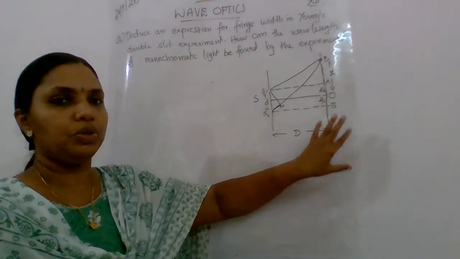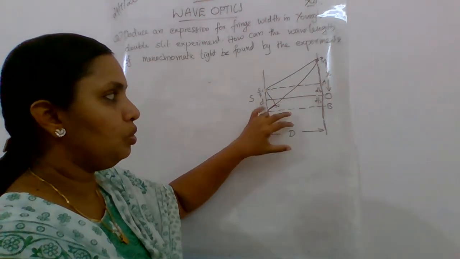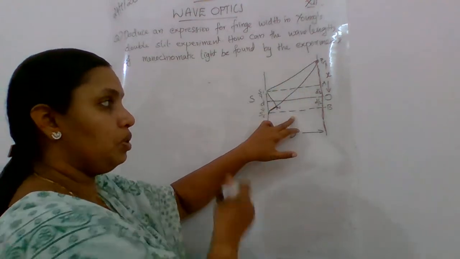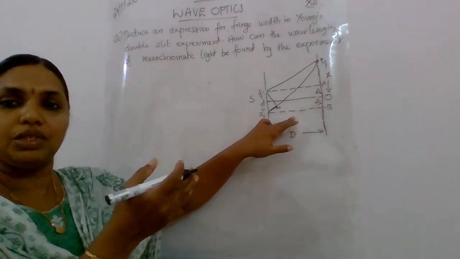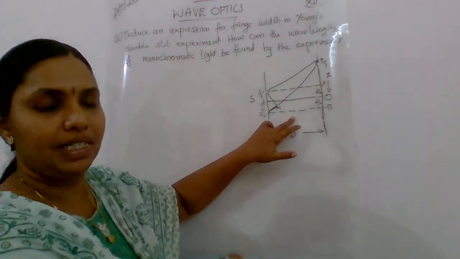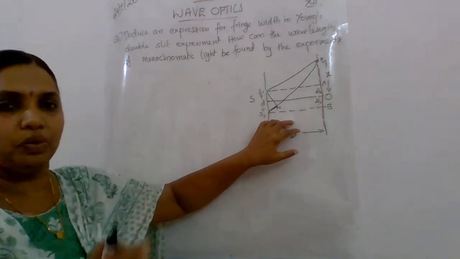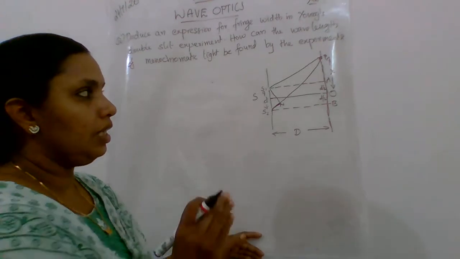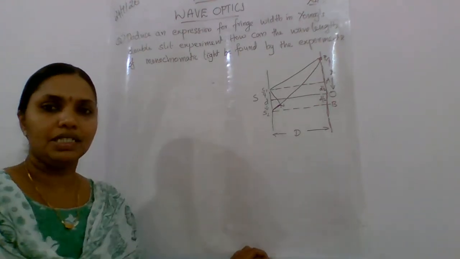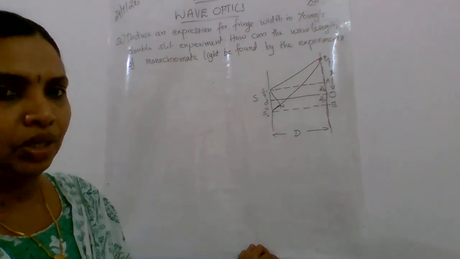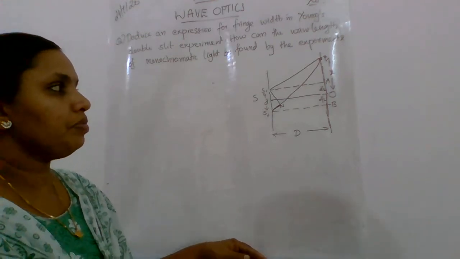You have to remember this D is very small, and P should also be very close to that. We can't observe the interference pattern at a very far distance. The slits may be kept very close and the screen also near, at a particular distance, and around that only we can observe the interference pattern. So this is the construction.